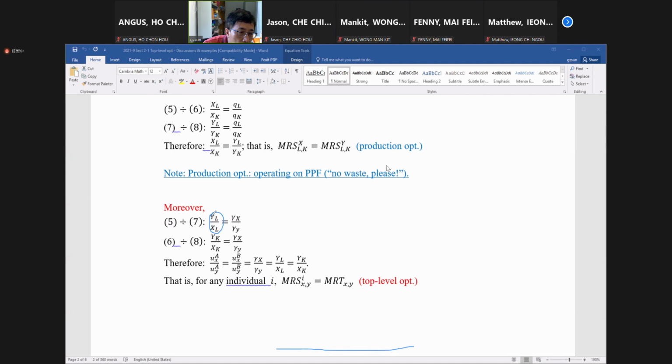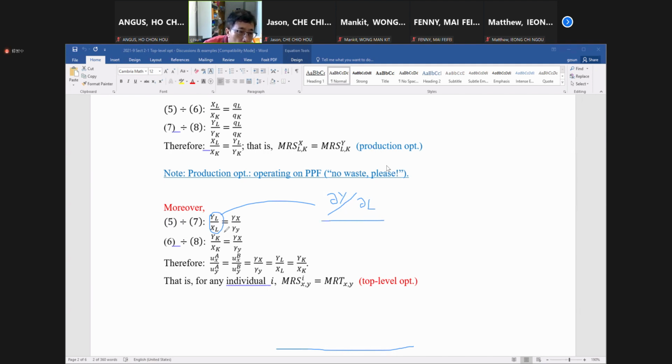The meaning for this one equals, let me put here, partial Y over partial L. So this is the marginal productivity of labor in producing Y. If you have one more worker, how much Y can we produce?